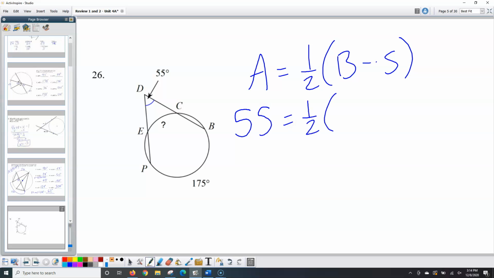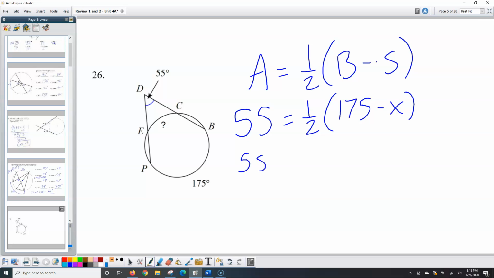And 1/2 big arc is 175 minus the small arc, we don't know. And we can multiply by 2 on both sides. You get 110 equals 175 minus x. You'll subtract the 175 and get negative 65 equals negative x. Divide by negative 1 and get x equals 65.